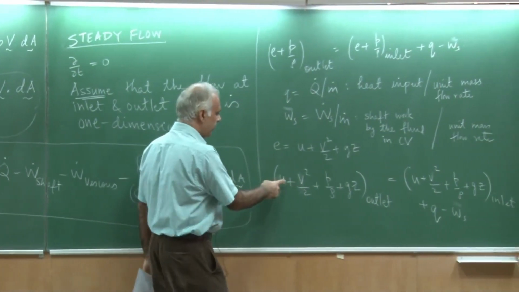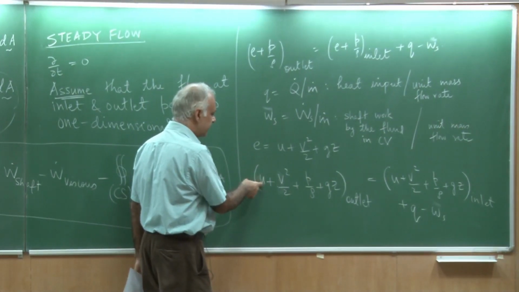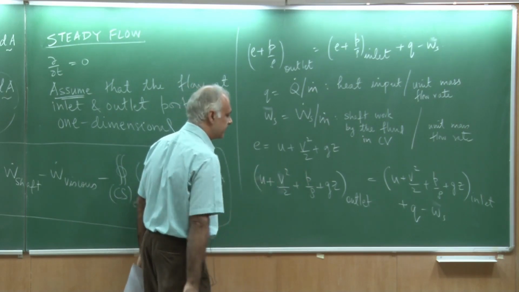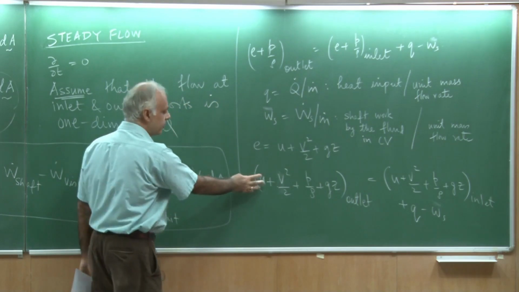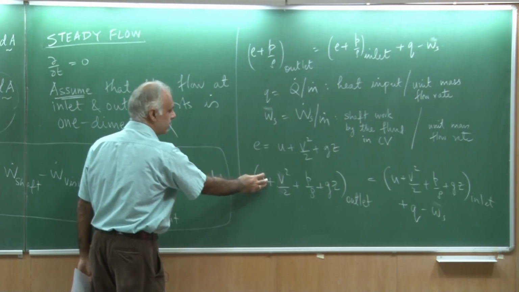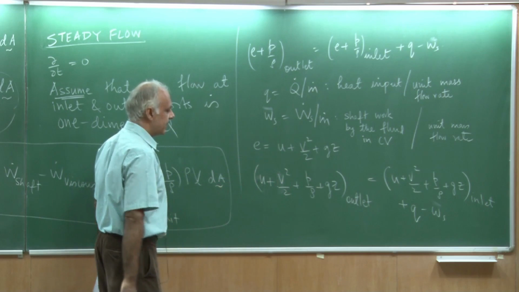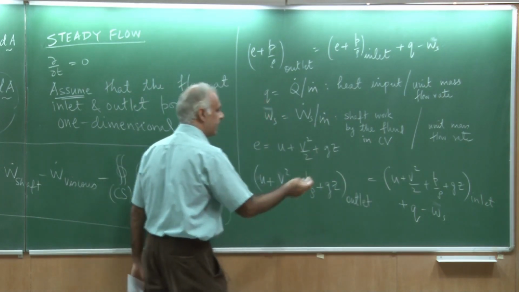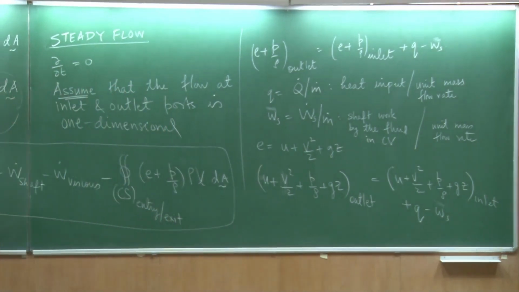So, if I have a change in the temperature, it changes my internal energy, but not necessarily the pressure. So, only for an incompressible flow I will remove U from this term and U from this term and combine them like this.